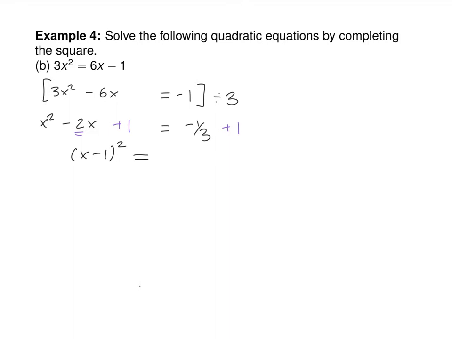What's negative 1/3 plus 3/3? 2/3. Okay, great. So square root both sides, x minus 1 equals plus or minus square root of a big fraction.